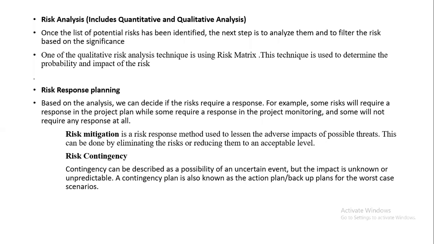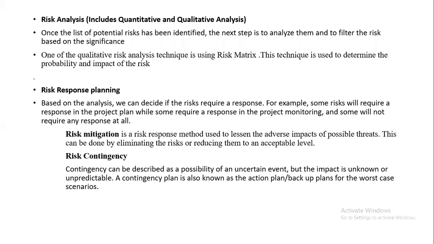One of the ways by which we can do this is that qualitative risk analysis can be done using a technique called the risk matrix. Okay. So what is this technique? It is mainly used to determine the probability and impact of the risk. What is the probability that the risk is going to come, or that the risk has occurred or might occur in future, and what is the impact of the risk?